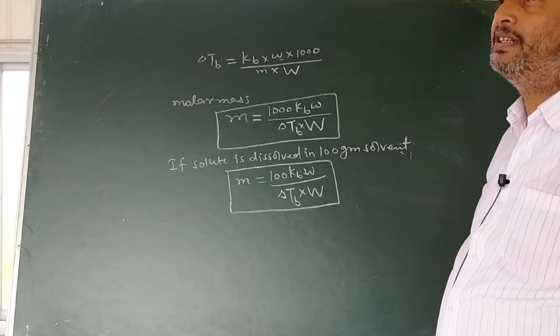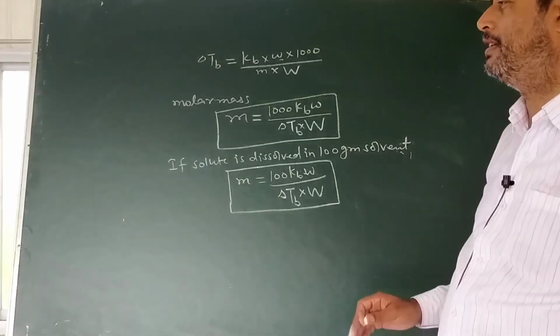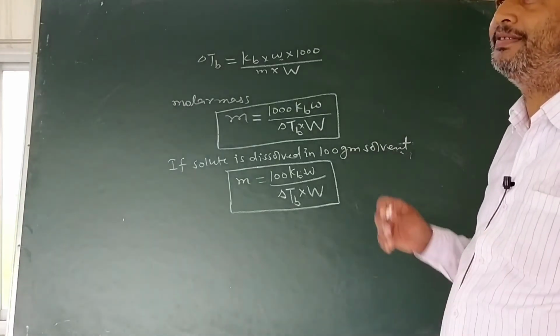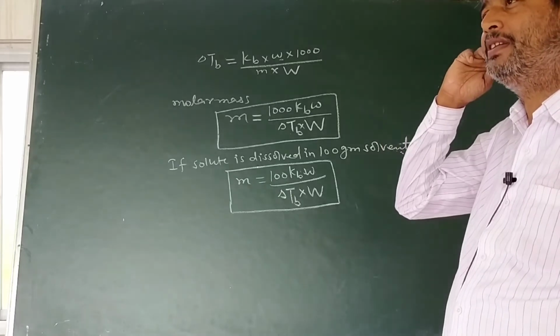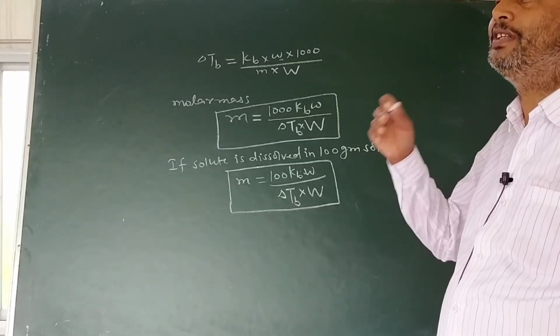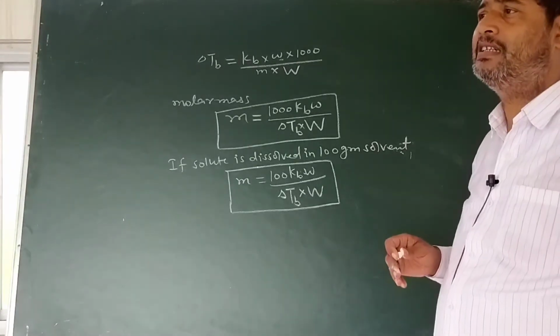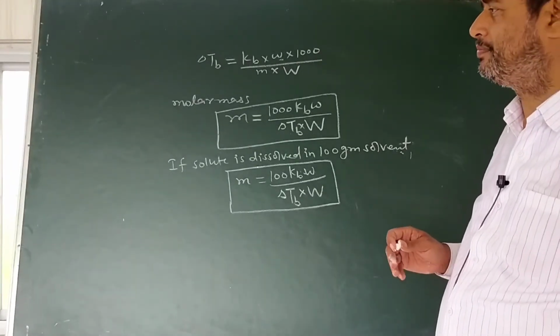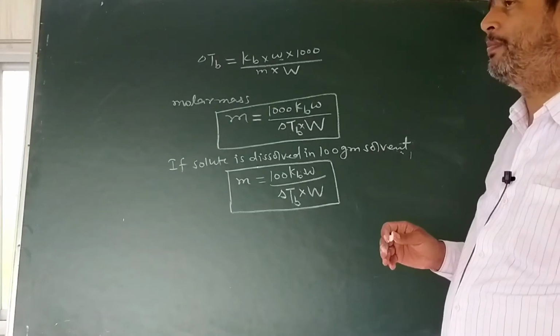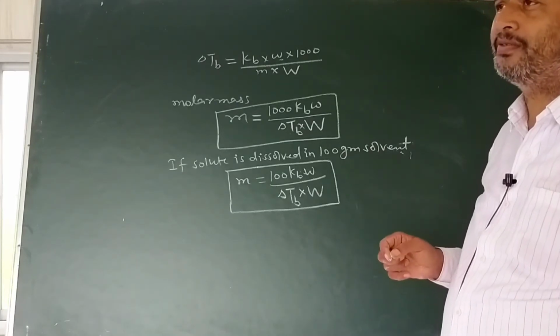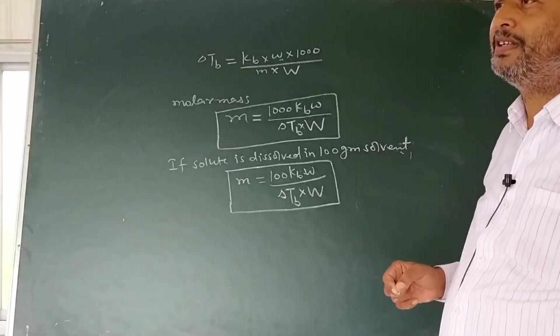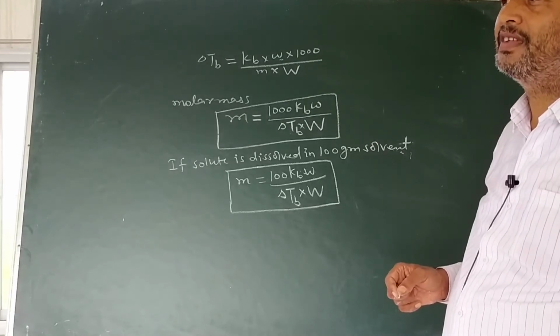At equilibrium, when 50% of the liquid is solidified and 50% remains in the liquid state, the vapor pressure of both the solid phase and the liquid phase are the same.